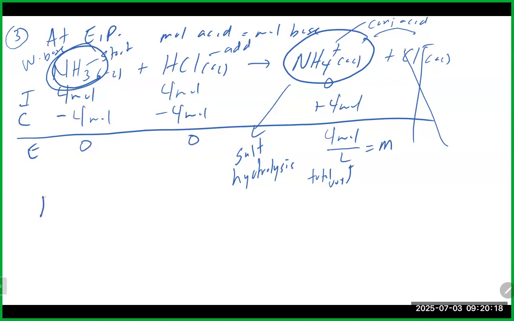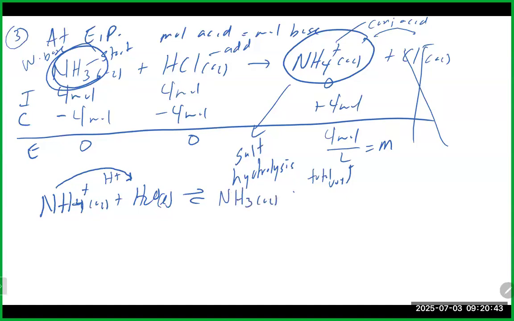So you will take your salt part that will go through hydrolysis. And again, if you're not sure how that's going to react, because it comes from a base, it will react as an acid, which means in this case, it's going to send the H plus over to the water. The result of that is you will get where it came from, NH3. And when that water accepts the H plus, you will produce H3O plus in this case.